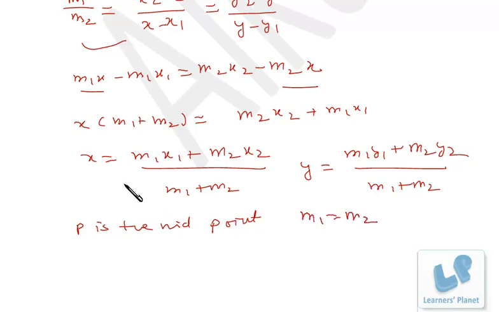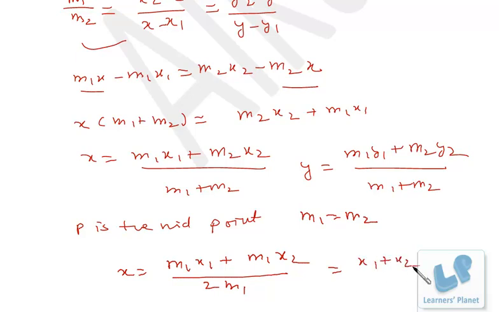I put the value of M1 as M2 or M2 as M1 in both the cases. So X will be M1 X1 plus, instead of M2, I'm putting M1 once again, M1 X2 upon 2 M1. So I can take M1 as common, so that will be X1 plus X2 by 2. So this is the X coordinate, and similarly Y coordinate will be Y1 plus Y2 by 2.